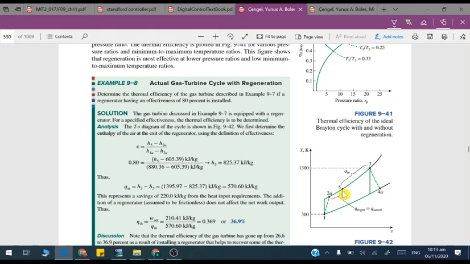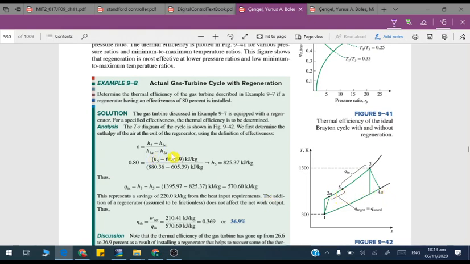So effectiveness will be defined as a ratio of these both things: H5 minus H2A, that we have utilized, we have saved the fuel, and the total available was H4A minus H2A. So that was the total difference.